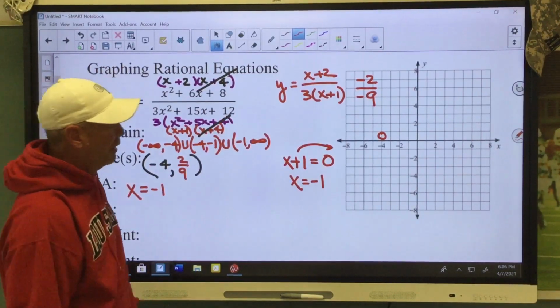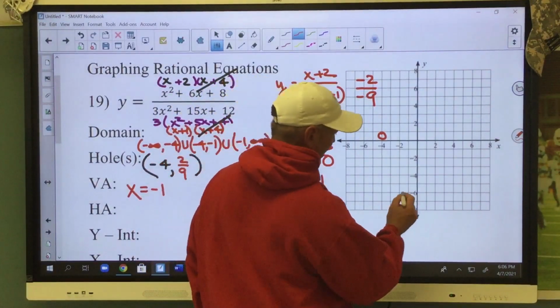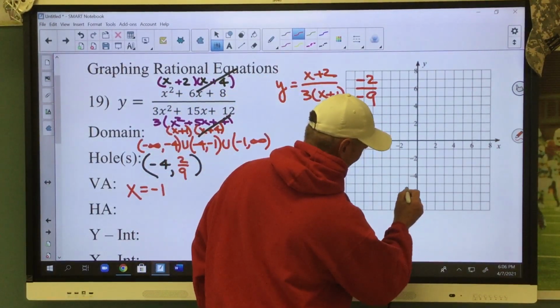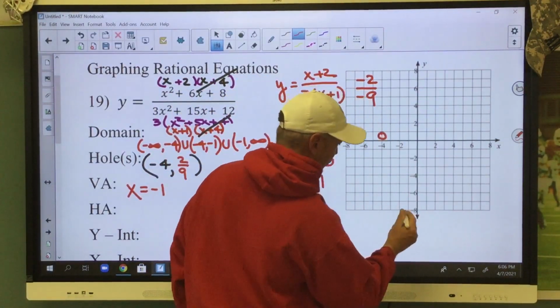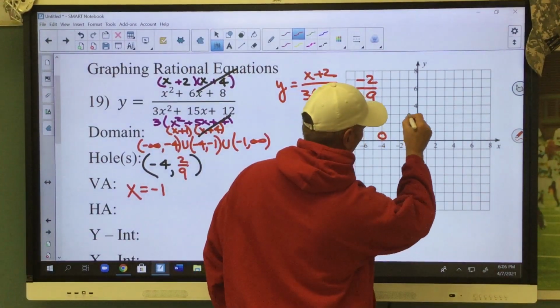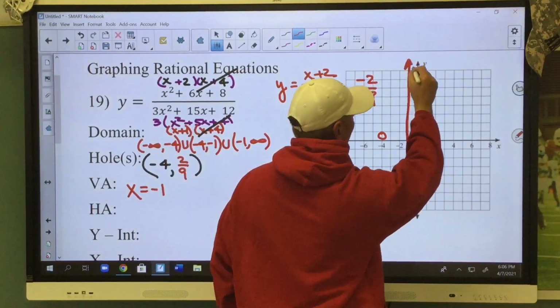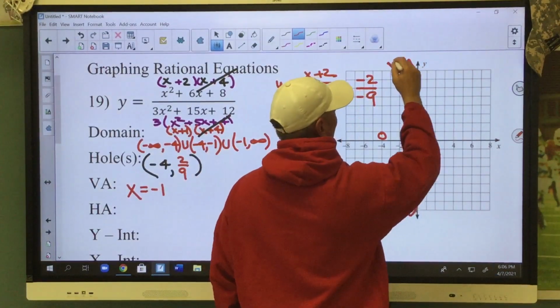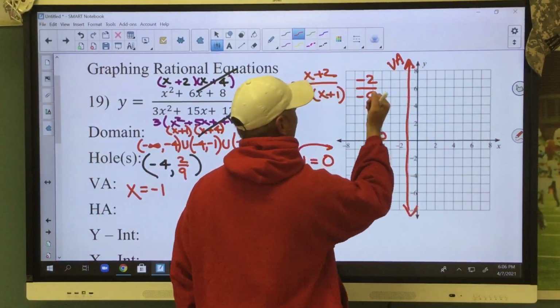So my vertical asymptote is x equals negative 1. Let's graph it at x equals negative 1. Let me make it a little straighter. There's my vertical asymptote.